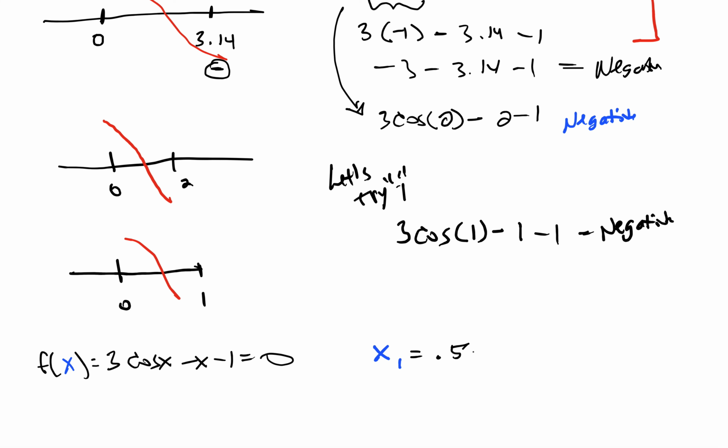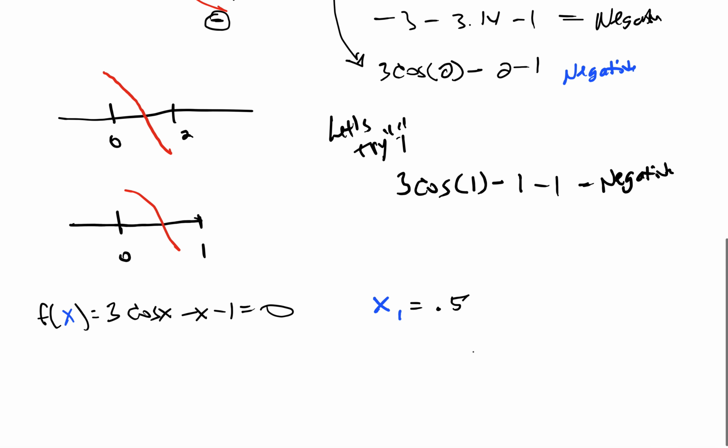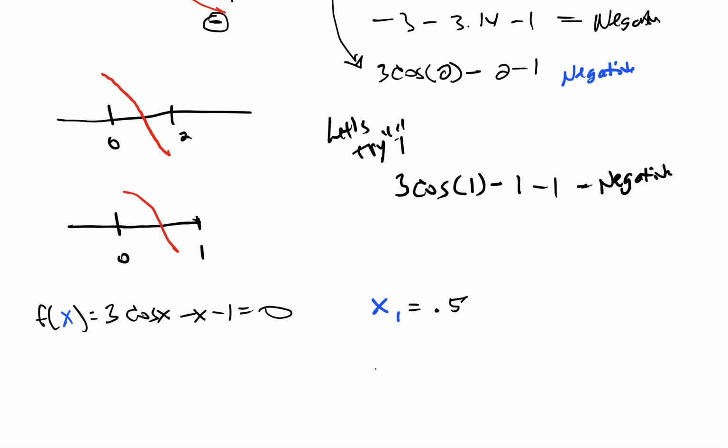Okay. Then we're going to go ahead and do our derivative. We haven't done our derivative yet. So we're going to say over here, f of x, just the OG f of x equals 3 cosine x minus 1. Okay, then we're going to take the derivative of that.